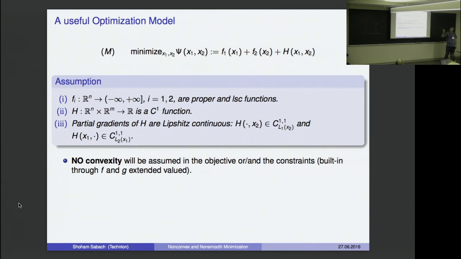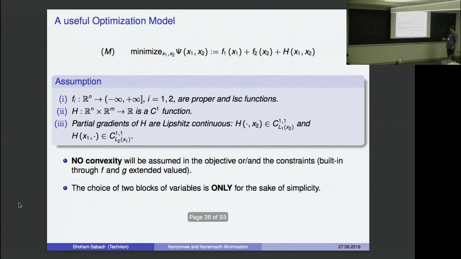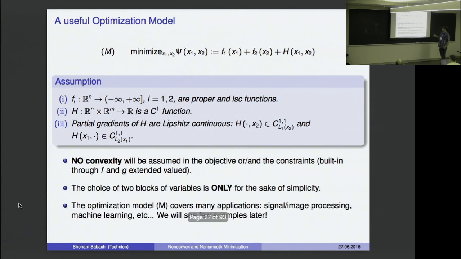Our general framework, the algorithms and the results that I will present soon are all valid for any finite number of blocks. I chose two just to simplify the notation and the terminology. As I said, I will show you three applications later, but there are many more applications that can fit this model, especially if you allow any finite number of blocks.